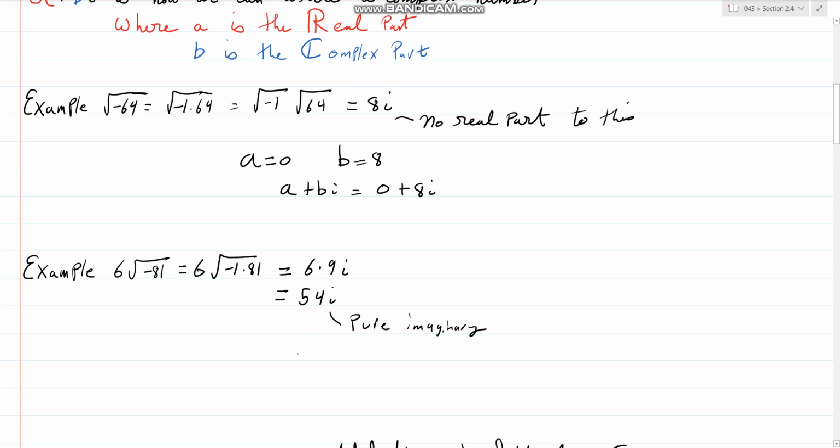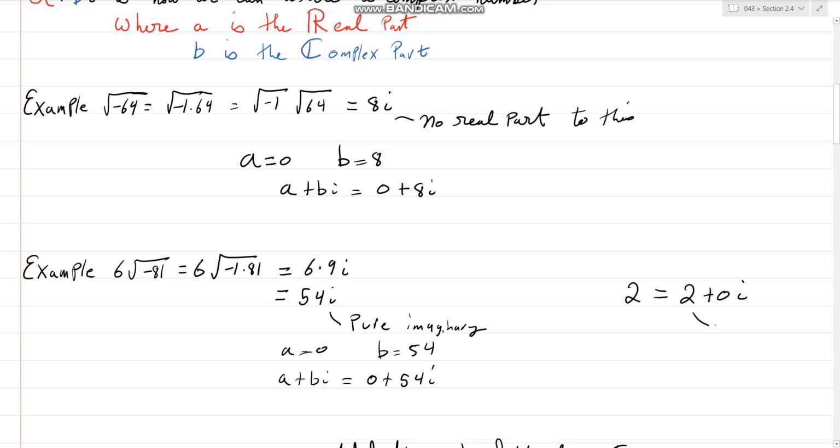All right, so a would equal 0 and b would equal 54 for a plus bi. 0 plus 54i. Okay, now how does that work for normal numbers that you know, like the number 2? How does 2 work? Well, 2 could be written as 2 plus 0i.